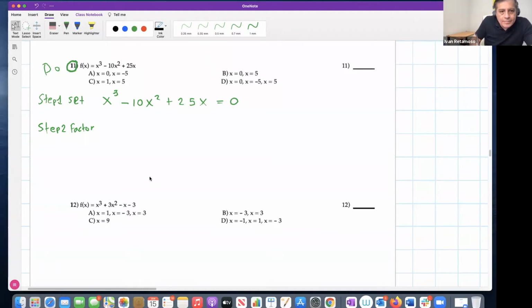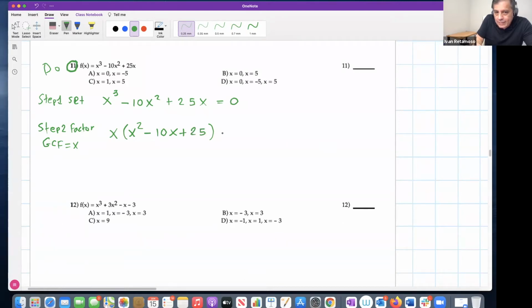Try to improve it. Okay, step 1 says set the formula that defines your polynomial function equal to 0. Step 2 says factor. We're going to factor out x because x is the GCF, the greatest common factor or greatest common divisor. So x out, and inside: x into x cubed is x squared, minus x into 10x squared is 10x, and plus x into 25x, x cancels, 25 stays.